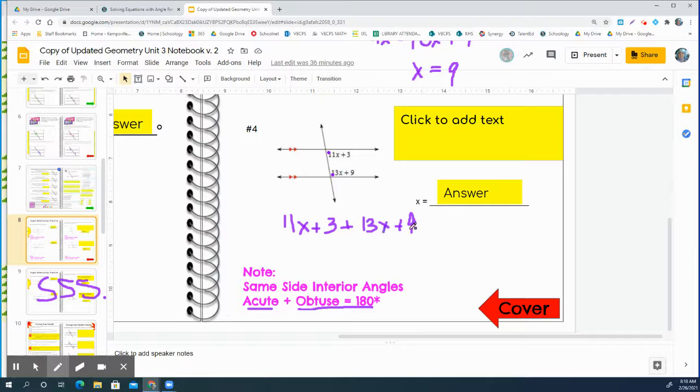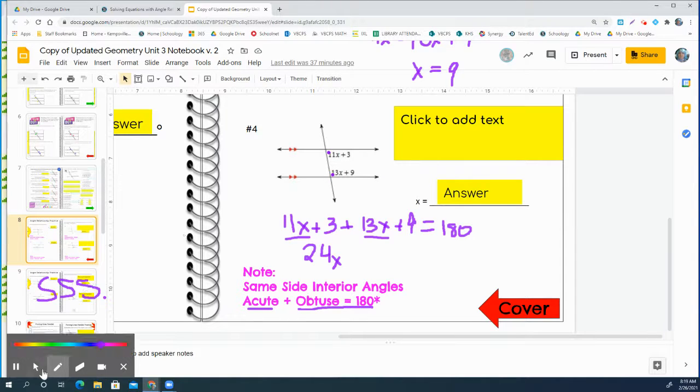And what do we get? 11x and 13x is 24x. Plus 12, and then we get x equals 7. And if you plug that back in, you should get the acute angle and the obtuse angle, and they should equal 180.